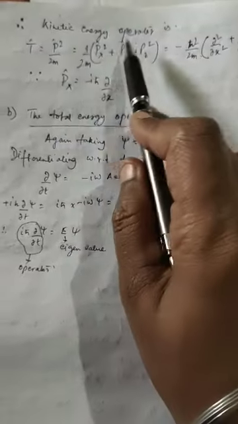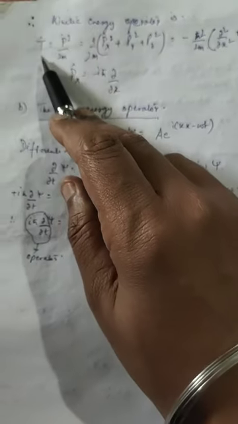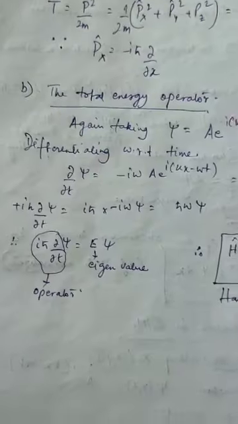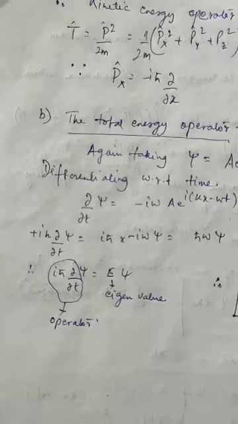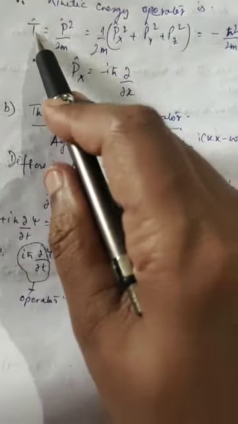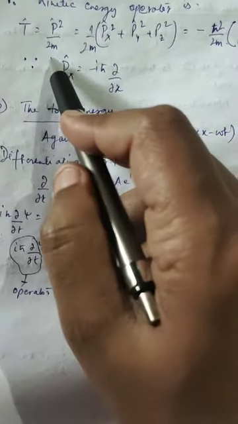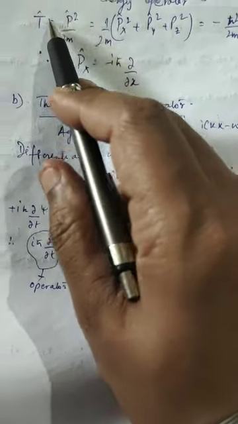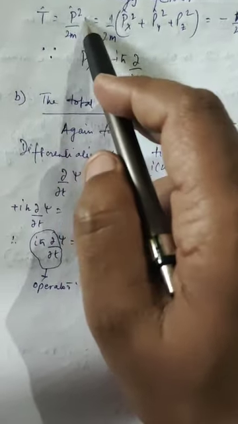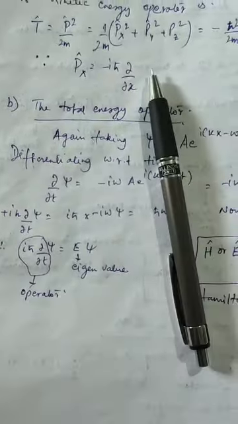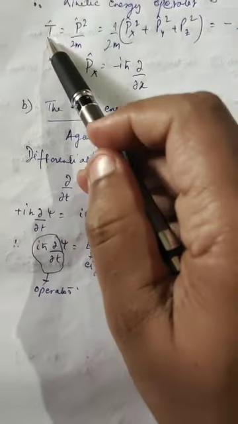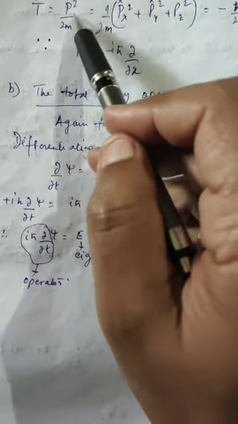So next, very, very important is the kinetic energy operator. So what is the kinetic energy? Let's say I have taken the kinetic energy to be T hat, which is P hat square by 2m. Again, these are all operators. Kinetic energy is P square by 2m classically. So in terms of quantum mechanics, it becomes an operator which is P hat operator square by 2m.